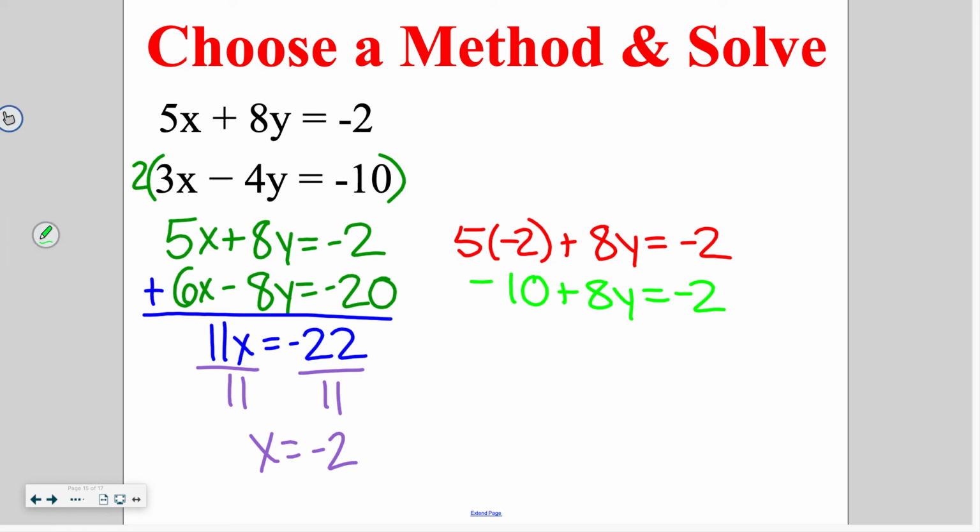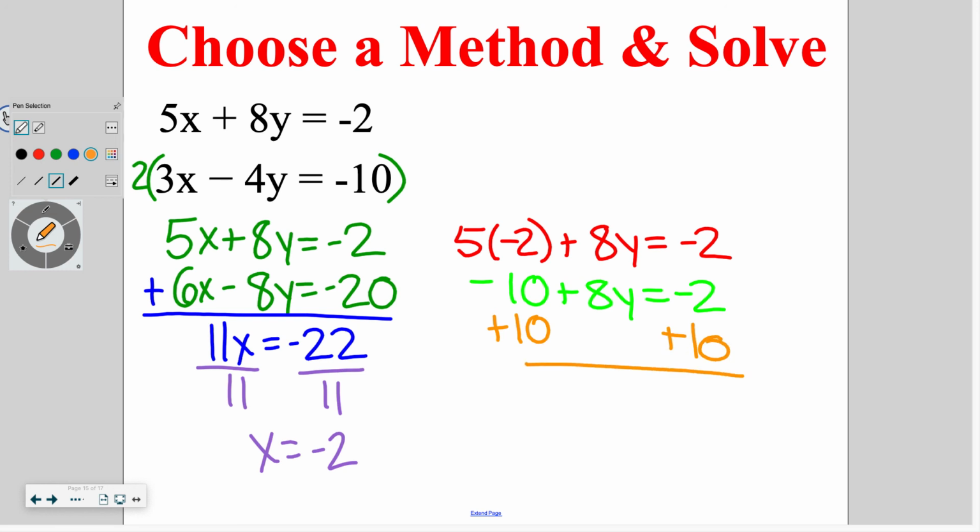I'm going to go ahead and add 10 to both sides of the equation. And when I do that, it says 8y is equal to 8. And the final step of dividing both by 8 is going to give me an answer of y is equal to 1 for a final solution of negative 2, 1.